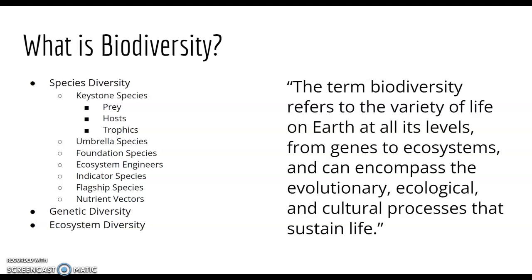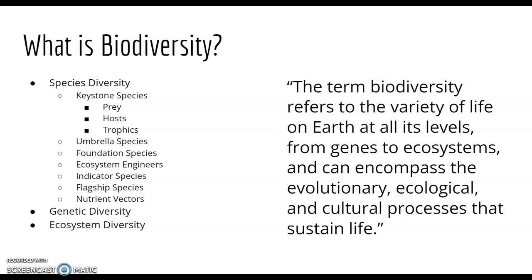There is also ecosystem engineers. They also help modify, create, and maintain habitats. A good example of this is the elephant, which we will be specifically talking about today. There is indicator species, which are very sensitive to change. It could show if an area is suffering from pollution or things like that.